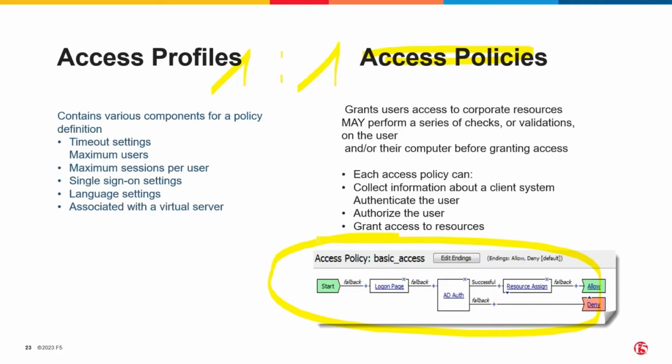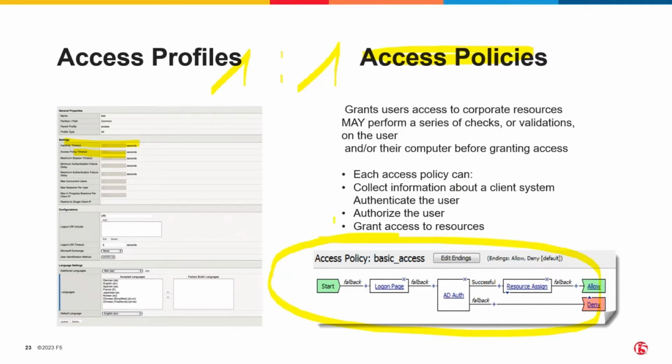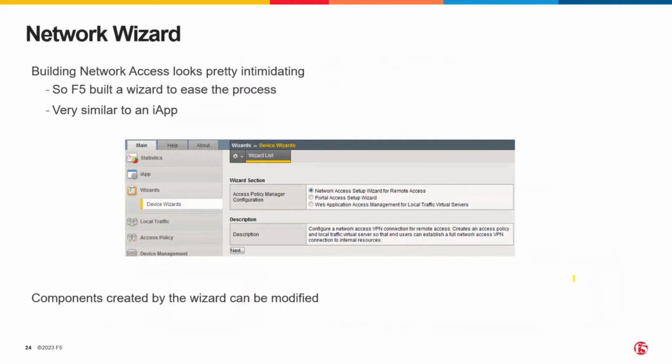This is your access policy, telling how the user will be authenticated, and the access profile, how the session will be maintained. So maximum users or timeout settings, some basic options, will be configured here. And under the access policy is the entire logic of how the user will be authenticated and what we are going to use. This entire logic can be configured in different ways.